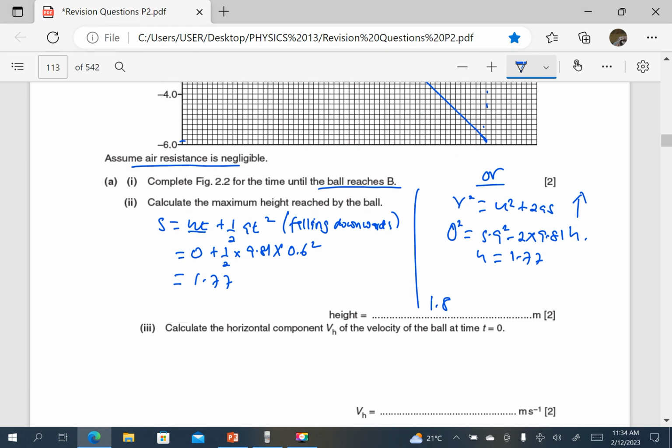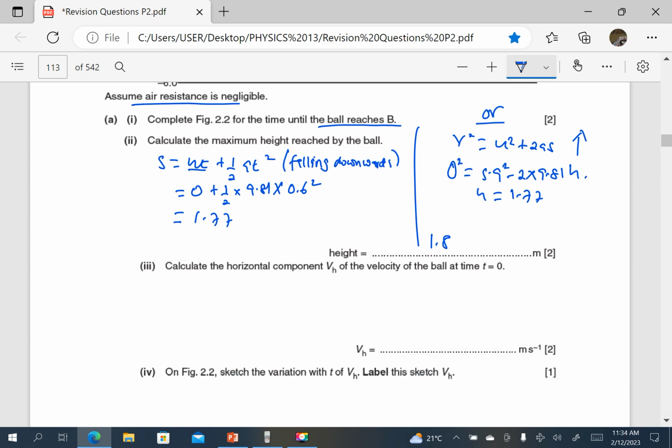Calculate the horizontal component Vh of the velocity of the ball at time t equals 0. So horizontal component Vh is equal to V cos 60 degrees. But we also have V in the vertical, I'm calling it Vv, equal to V sin 60.